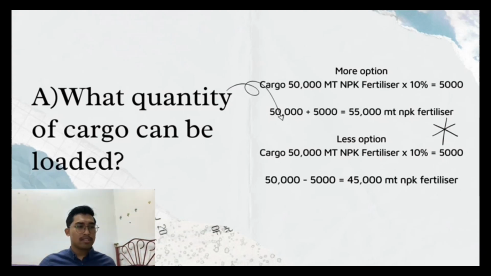It seems like the first option I said before, but in the less option, the amount of cargo that we got before, 50,000 metric tons of NPK fertilizer, will be minus 5,000, and we get the answer of 45,000 metric tons of NPK fertilizer.